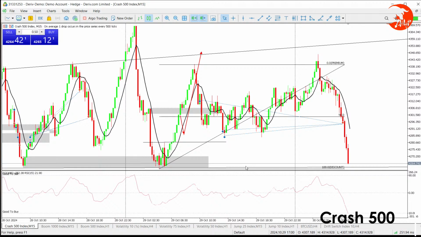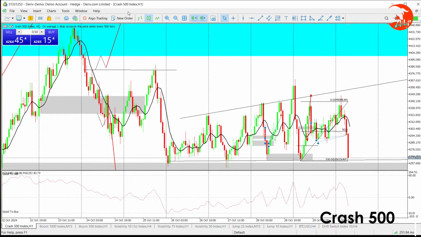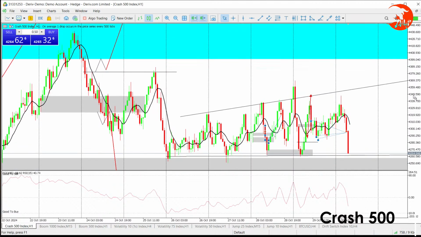So for now, we can clearly see that according to M15, we have gone back to the trend line, or the support level down below there. So now I can easily delete this. I hope I'm audible, and I hope you guys can hear me properly.